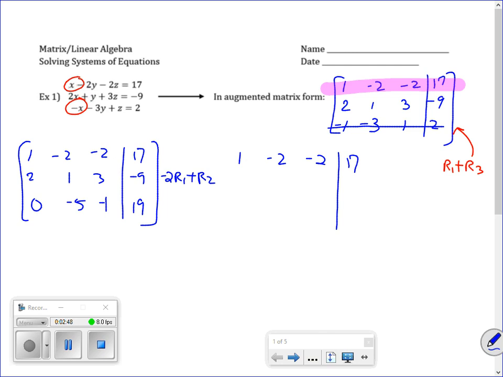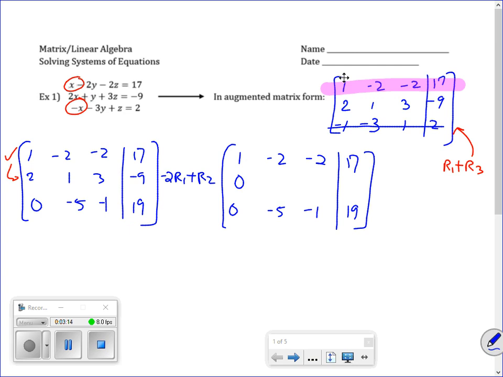I'm going to leave row 2 blank for now, and I got 0, -5, -1, and 19 down here. In my mind, I am multiplying this row by -2 and adding it to that row. So I get -2 plus 2, which is 0, like I planned. I'm canceling x's in both the second and third equations.